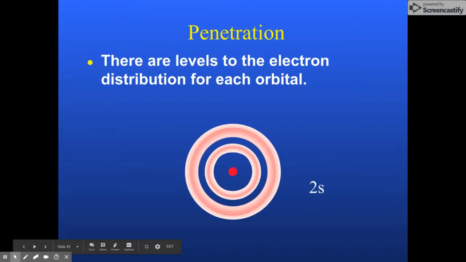And that's just because of the shape. That sphere shape allows those electrons to reside closer to the nucleus. And so, again, the closer they are to the nucleus, according to Coulomb's law, the more attracted they are going to be. That dumbbell shape doesn't allow the electrons to exist closer to the nucleus, so they're not as attracted. And that's why an S orbital always fills before a P orbital.